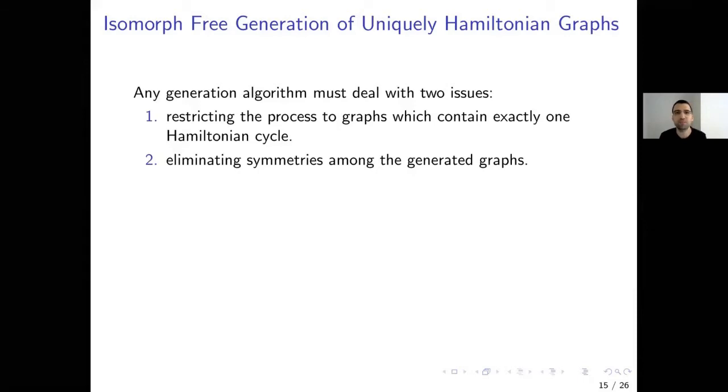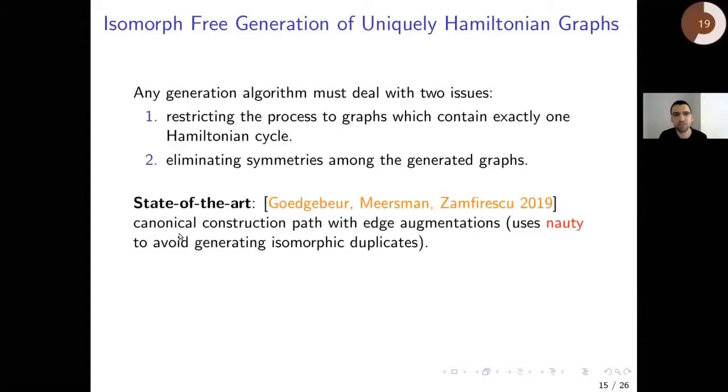First, it must restrict the process to the graphs from that class, and it should eliminate symmetries among the generated graphs. The state-of-the-art generation algorithm is a dedicated algorithm, which for our purposes it is only important to know that it uses nauty to eliminate symmetries. Nauty is really efficient, but it is potentially exponential in the worst case.